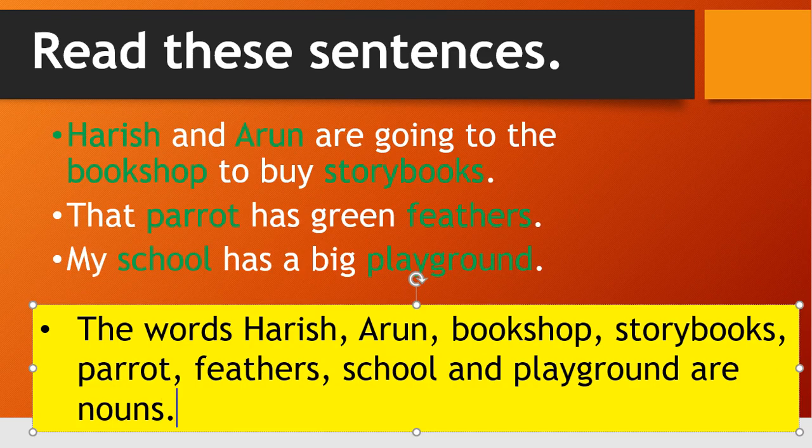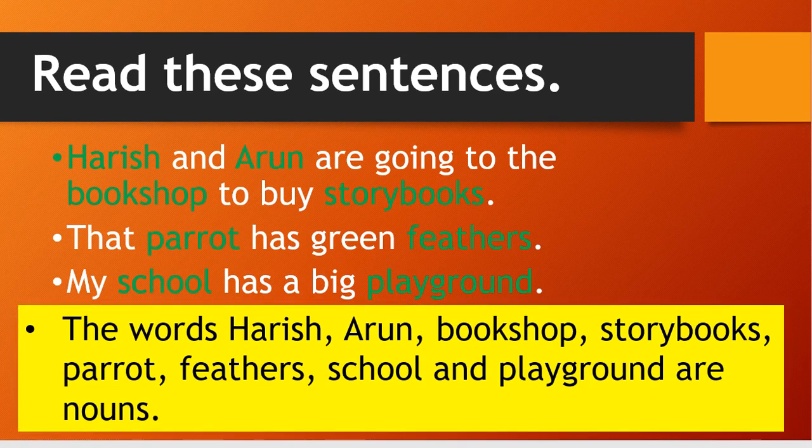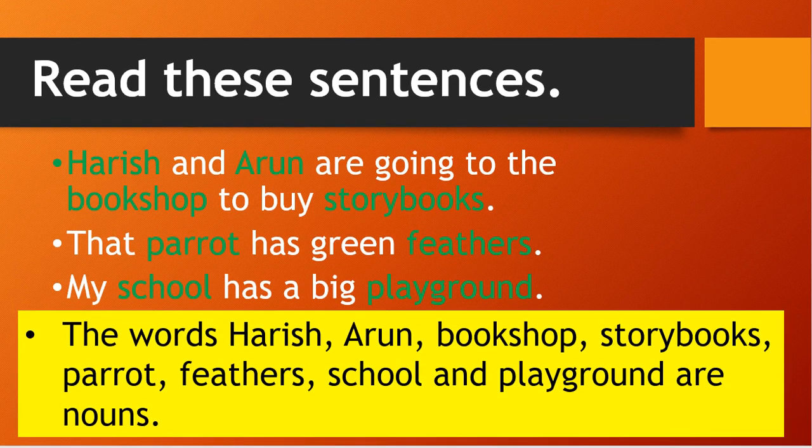So that's what I explained about the three sentences: the words Harish, Arun, bookshop, storybook, parrot, feather, school, playground, all of these things are nouns.